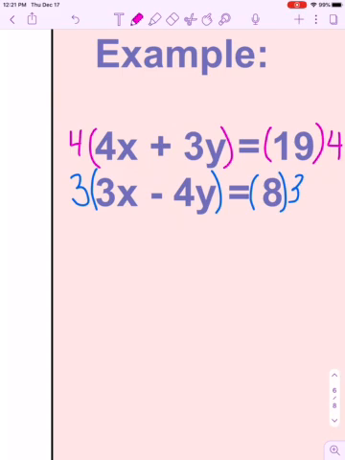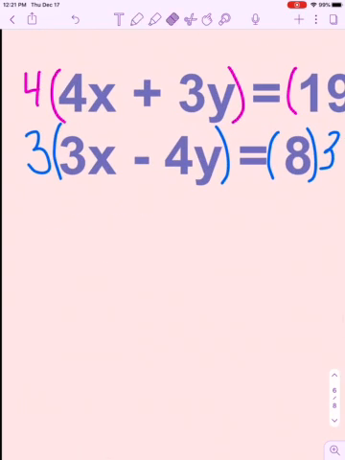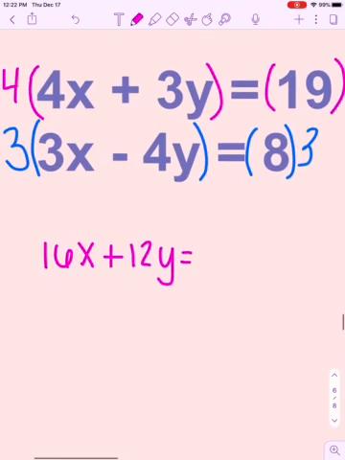So then I have 4 times 4x, which is 16x, plus 4 times 3y is 12y, equals 19 times 4, which is 76.